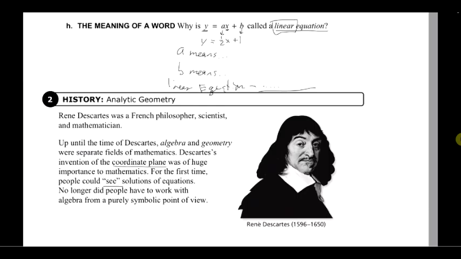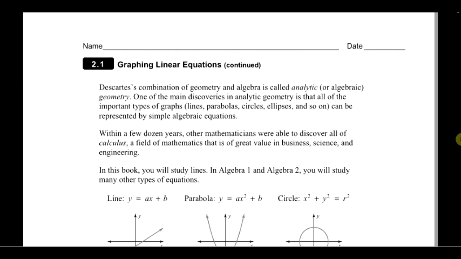So if you're someone who believes, I have to see it to believe it, think Descartes. What he did is he found a way to represent all of these types of equations to draw things. So that lines had a certain equation, and parabolas, circles, ellipses, and so on. All these things he found a way to represent through math.